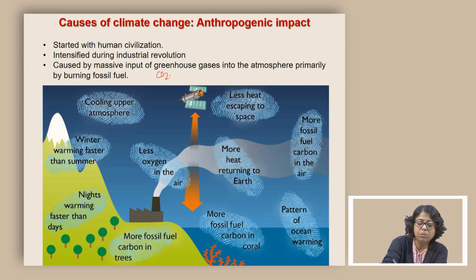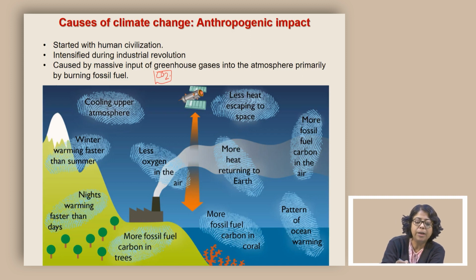And this carbon dioxide, methane and many of these things are produced because we are burning fossil fuel. Now, there are other related issues which also come with this anthropogenic impact, but right now we are only focusing on the change in the atmosphere leading to climate change.